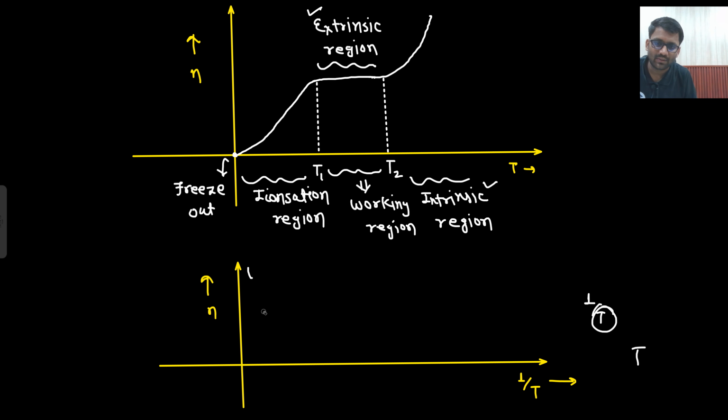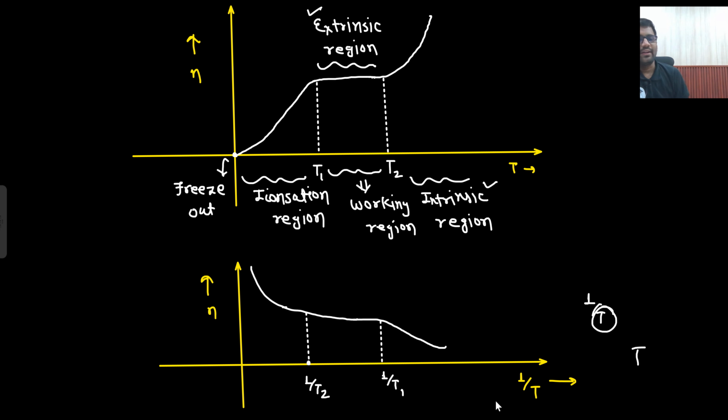I will just draw the graph completely, and then you tell me whether you are able to relate or not. So this is how the graph will go. Say yes or no. This will be our 1 by t2, and this would be our 1 by t1.